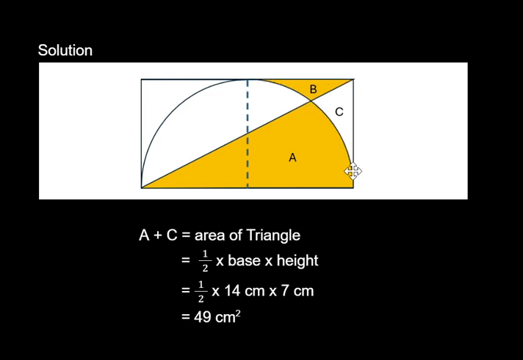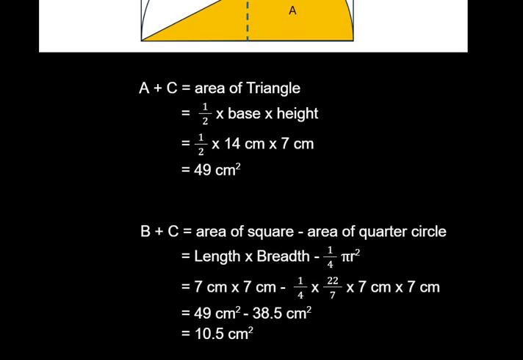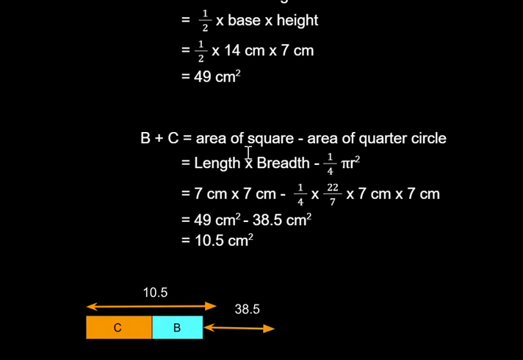Subtract away this quarter circle and that will give you B plus C. So B plus C is equal to the area of the square minus the area of the quarter circle. The area of the square is 7 by 7, which is 49. The area of the quarter circle is 1 quarter times 22 over 7 times 7 times 7, which is 38.5. That will give you 10.5 centimeters squared.